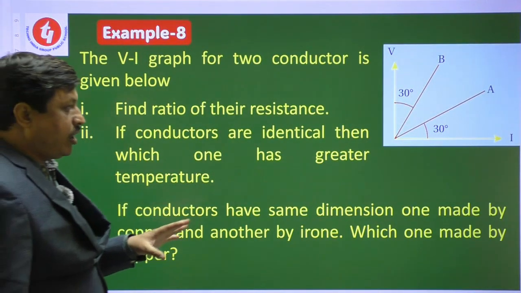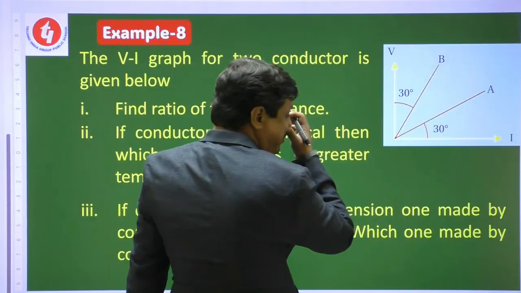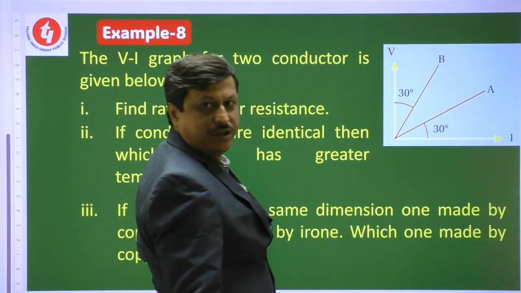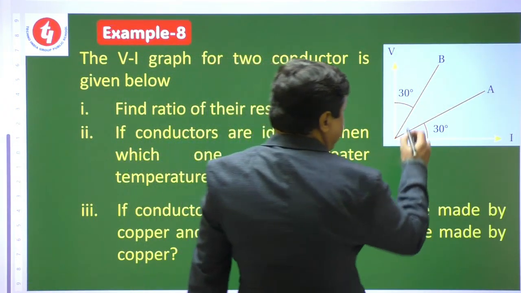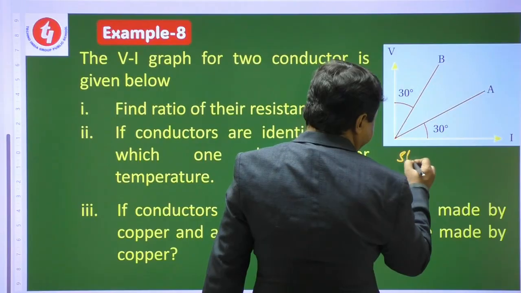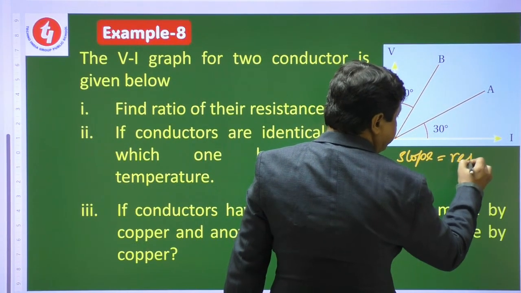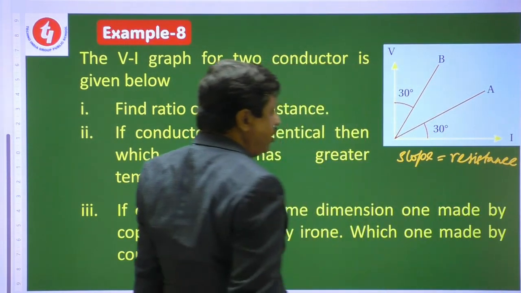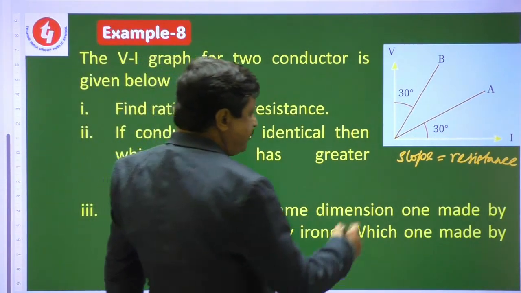You know that we already discussed the graph is a straight line passing through the origin in case of Ohm's law, right? And you also know that in this case slope is the resistance. So what is the value of resistance of A?